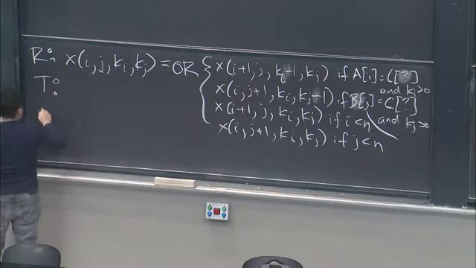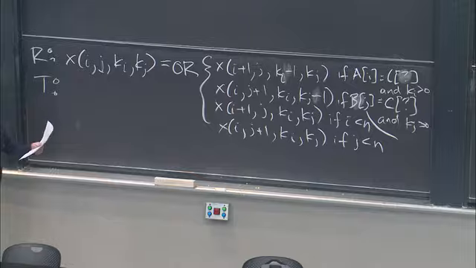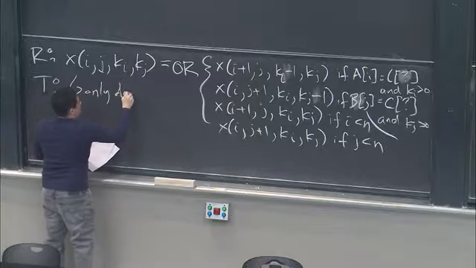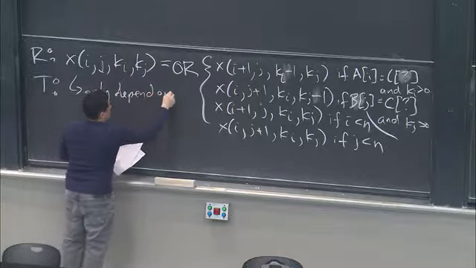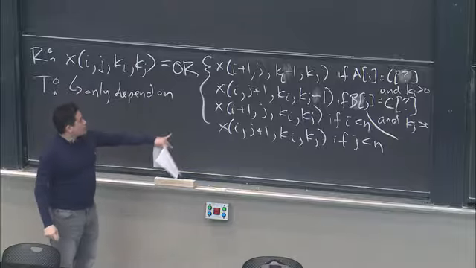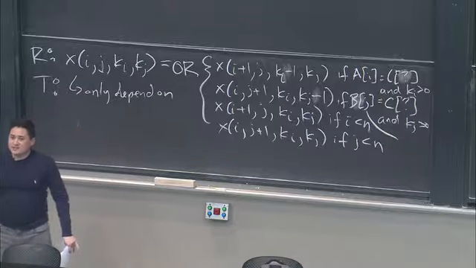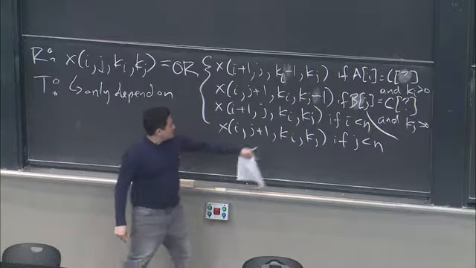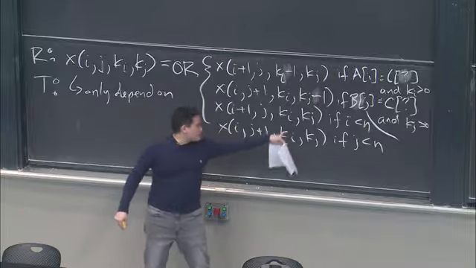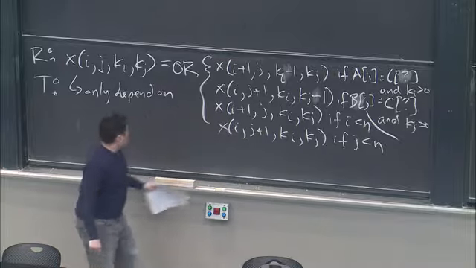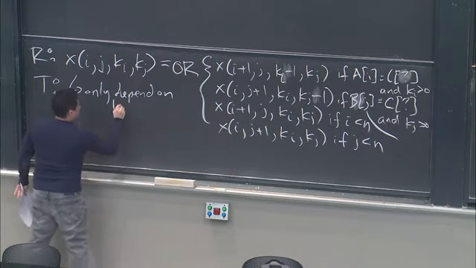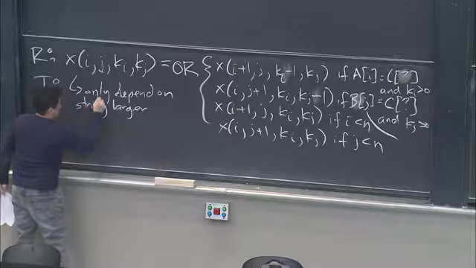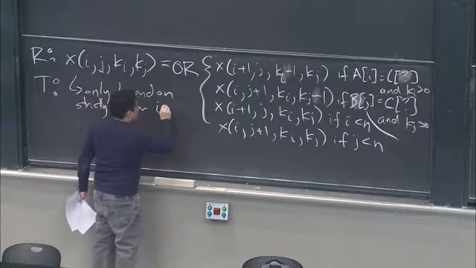So fun recursion, topological sort, right? These subproblems only depend on what? Larger i? Not quite. Larger j? Not quite. Changing k or d, these don't even change here. So we're going to say they depend on strictly larger i plus j, right?